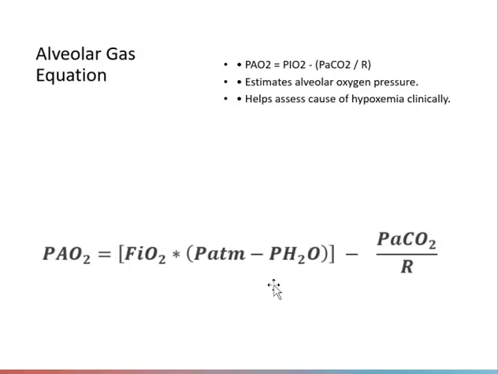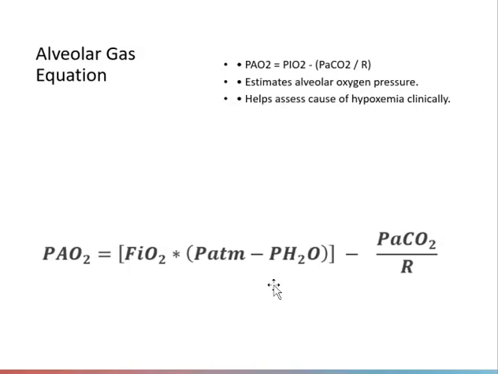And so FiO2 is the fraction of inspired oxygen, which is usually around 0.21. Patm is atmospheric pressure, or about 760 millimeters of mercury. PH2O is water vapor pressure, which is about 47 millimeters of mercury. And PaCO2 is arterial CO2 pressure, and R is the respiratory exchange ratio, which is about 0.85.